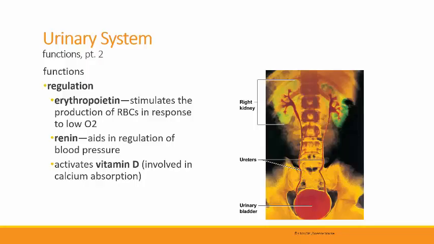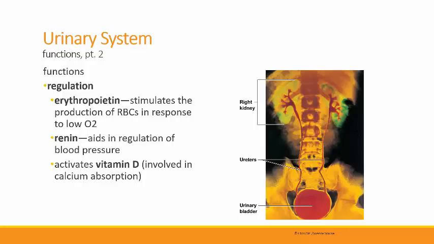We've already talked about erythropoietin, EPO. When the blood is low on oxygen, then the kidneys will produce EPO in response, and then that hormone acts as a signal to the red bone marrow to then produce more red blood cells. So we see erythropoiesis in response to erythropoietin in the blood.